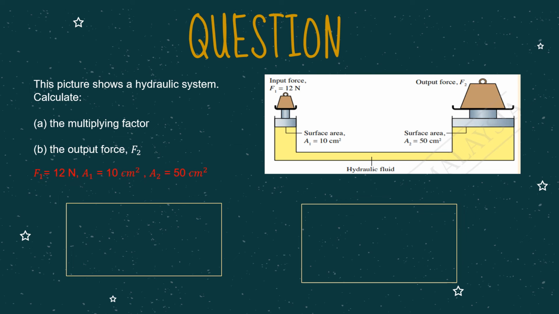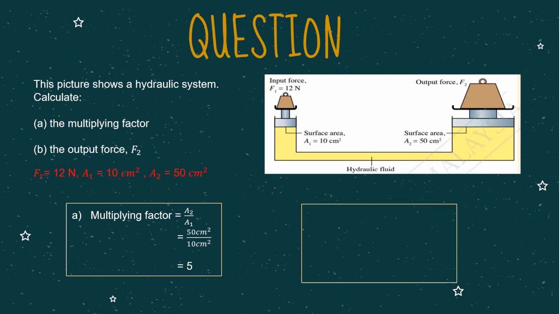We have F1 equal to 12 Newton, A1 10 centimeter squared, A2 50 centimeter squared. Okay, how to find the multiplying factor? We know that the multiplying factor is A2 over A1. So, we just put the numbers 50 cm squared over 10 cm squared and the answer is 5.